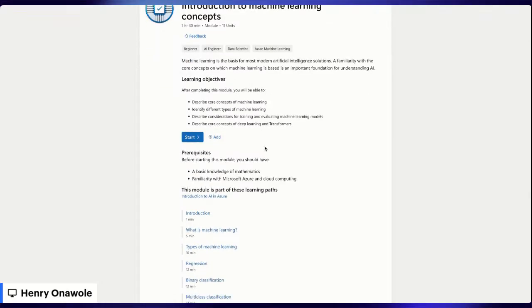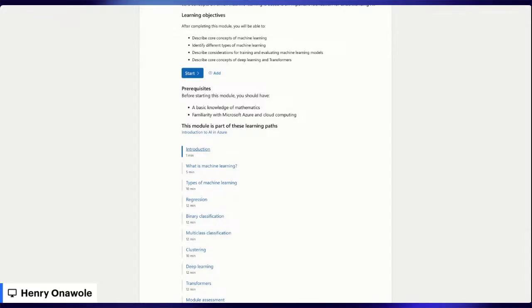Okay, what's the prerequisite for this module? Before starting this module, you should have a basic knowledge of mathematics and familiarity with Microsoft Azure and cloud computing. These are important information. Our major focus right now is on the Microsoft Azure AI platform.